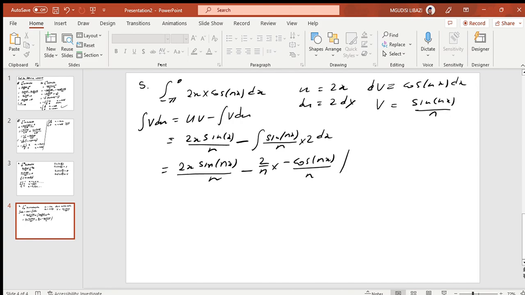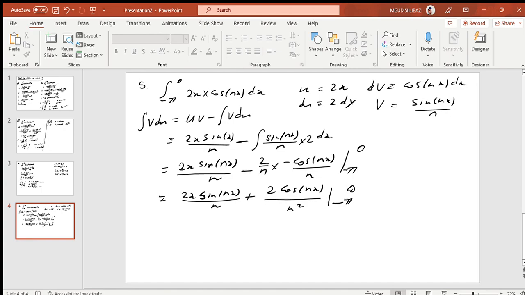And then this is evaluated from -pi to 0, and then this is 2x sine of nx divided by n plus 2 cosine of nx divided by n squared from -pi to 0.